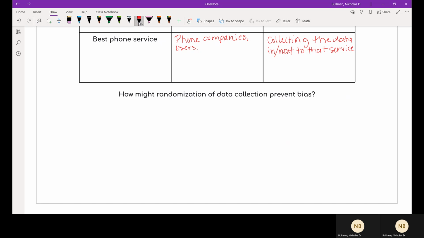So it ensures that each treatment is equally likely to be given. So it gives a true representation of the data collected.